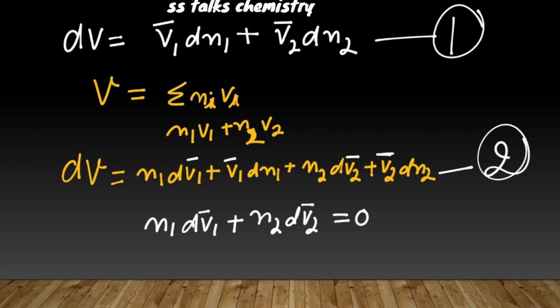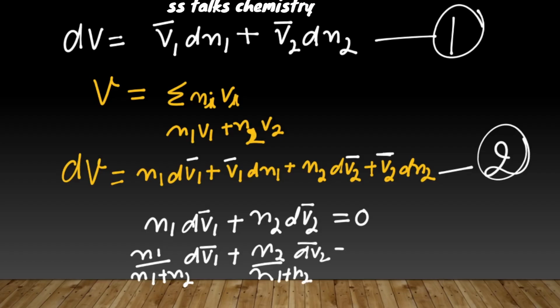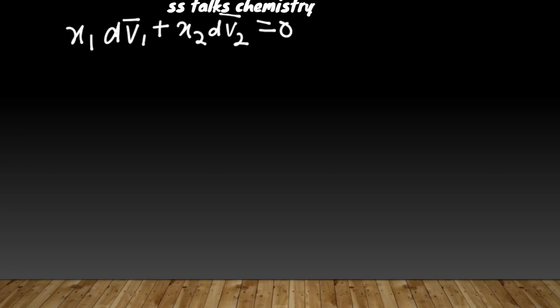You can divide it in terms of the moles by N1 plus N2, giving N1 upon N1 plus N2 into dV1 bar plus N2 upon N1 plus N2 into dV2 bar, which is equal to 0. The LCM is the same, so it will go to the other side. So this becomes the mole fraction x1 into dV1 bar plus x2 into dV2 bar, which is equal to 0 only.